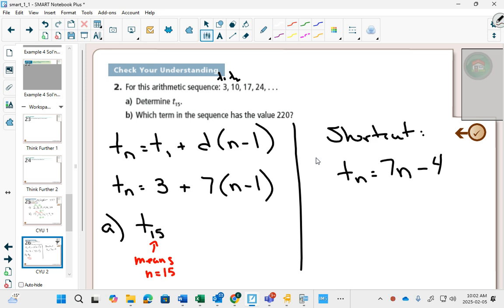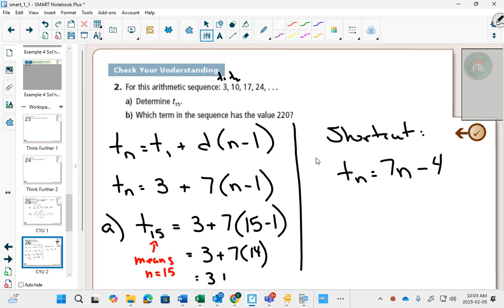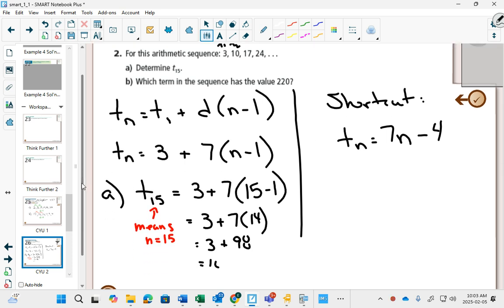So in my formula, I replace the n with 15, and this will give me 3 plus 7 times 14, 3 plus 98, 101. If I use the shortcut, same thing.